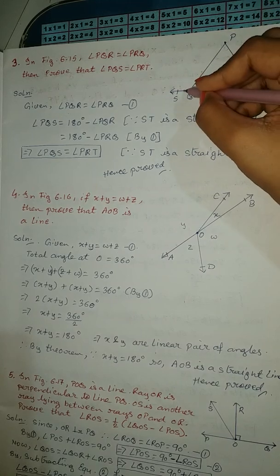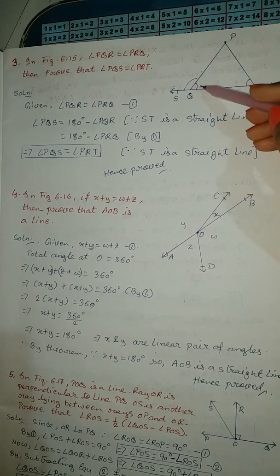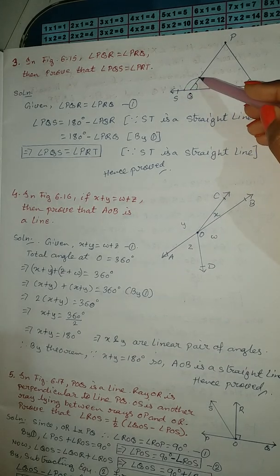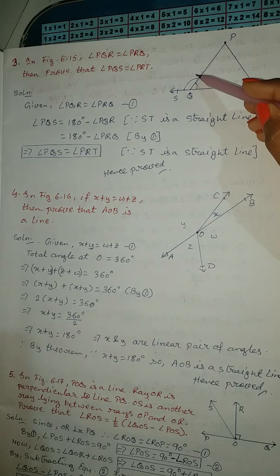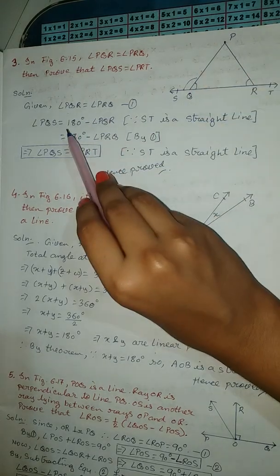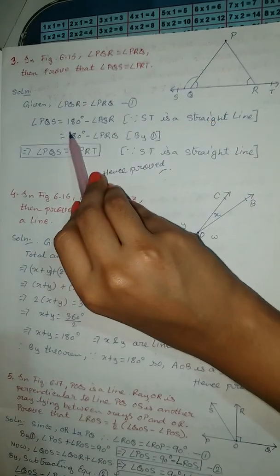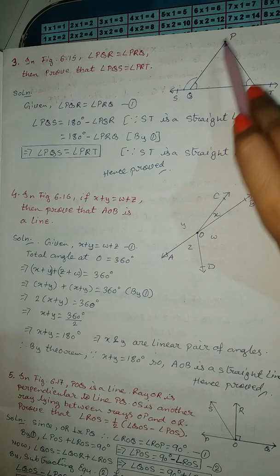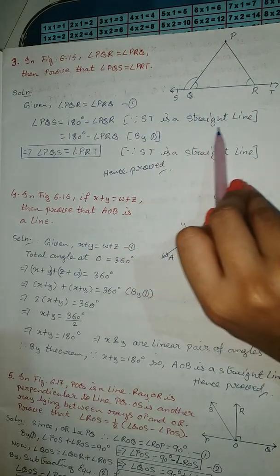The whole angle is 180 degrees and this is PQR, so PQS would be 180 minus PQR. This angle would be the remaining one. This is the same thing that we're going to write right over here: the angle PQS, which is this one, is equal to 180 minus angle PQR. Then ST is a straight line.